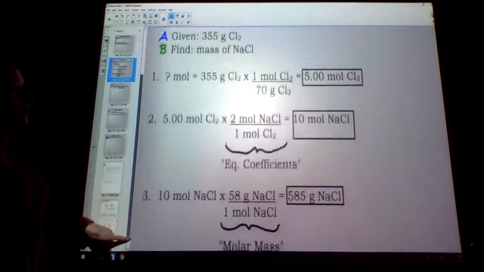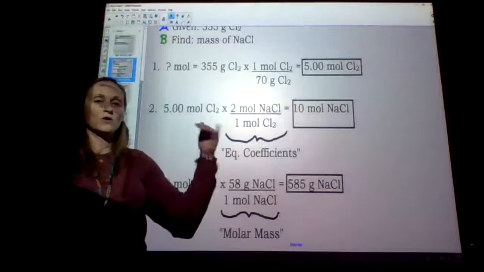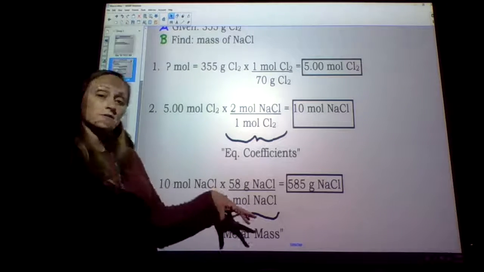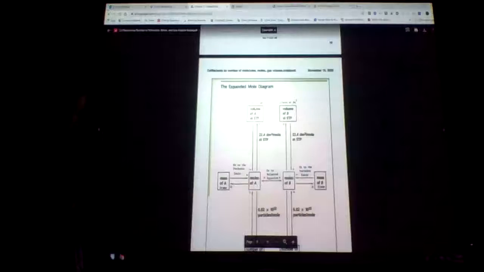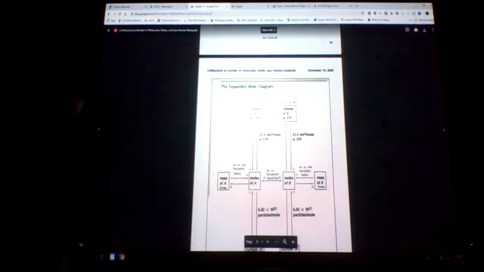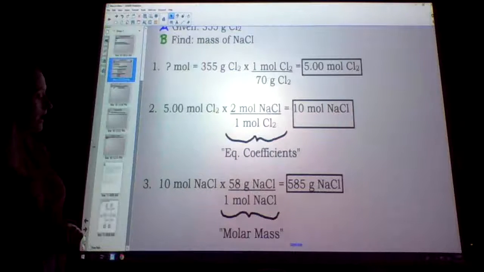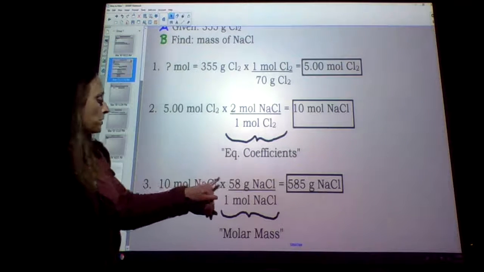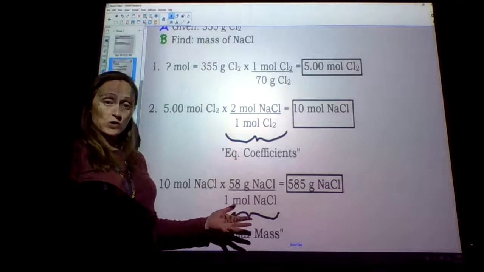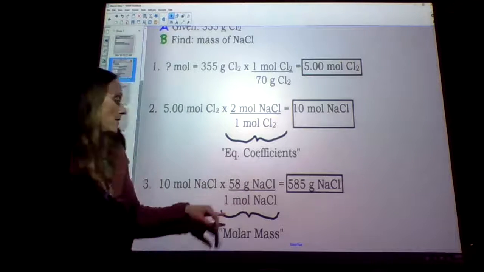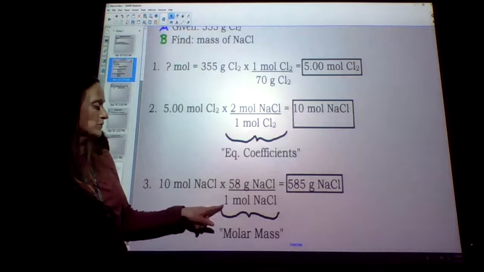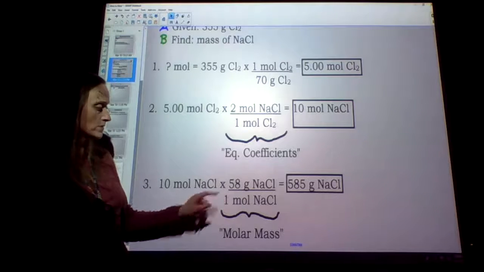Now we're going to finish up our second step, and we're going to go on to our third step, where we go from moles of B to mass of B. Moles of B to mass of B. And if we want moles of sodium chloride to cancel, it will go in the bottom. And then mass, because that's the box we're going to, will go in the top. Notice our substances are the same in the top and bottom of our equality. So we're going to put a 1 here for our number of moles.